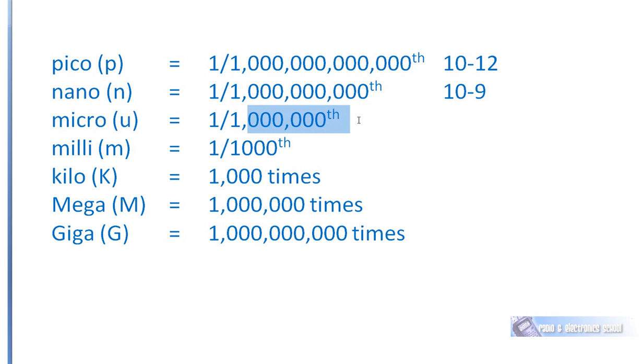There are 6 zeros, so it's 10 to the power minus 6. Milli, you should be able to work it out, 10 to the power minus 3. And kilo, well, this is above 1, so it's 10 to the power 3, not minus 3. I'll superscript those in a moment.